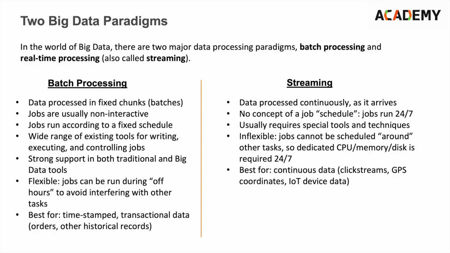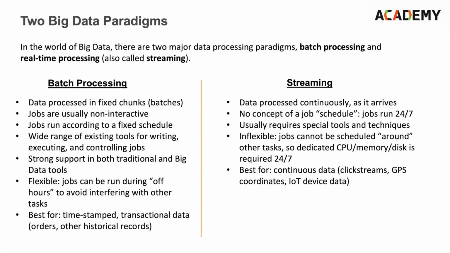But because of this, you usually require special tools and techniques to manage a streaming workflow, and it's inflexible. You can't schedule jobs around other tasks because the streaming job has to be running all the time. So you need dedicated, full-time, 24/7 CPU, memory, and disk resources to keep the streaming system running. Streaming systems are best for continuous data streams.